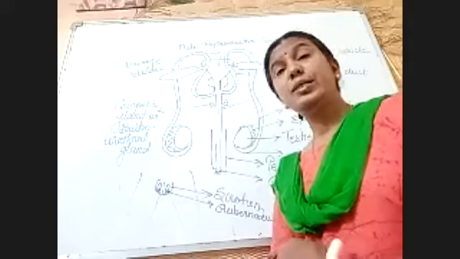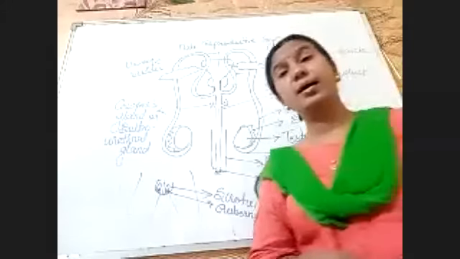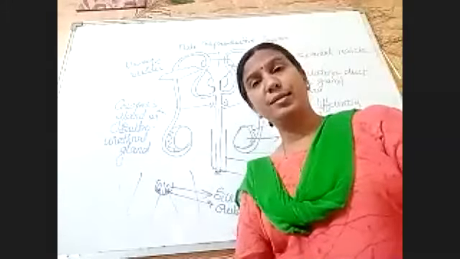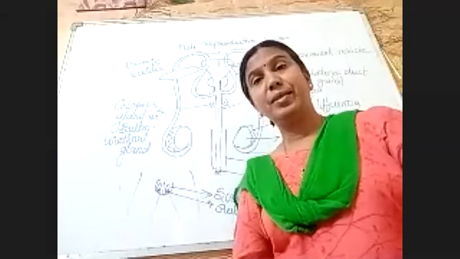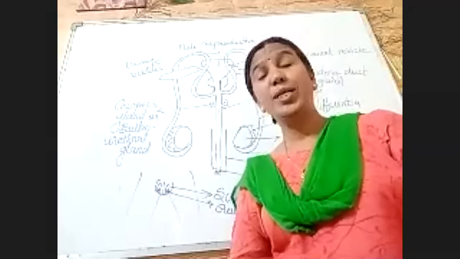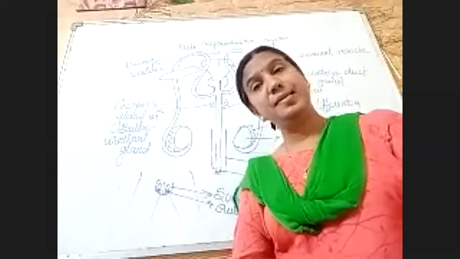These testes are very small. They are about 10 grams, oval in shape, and greenish in color.